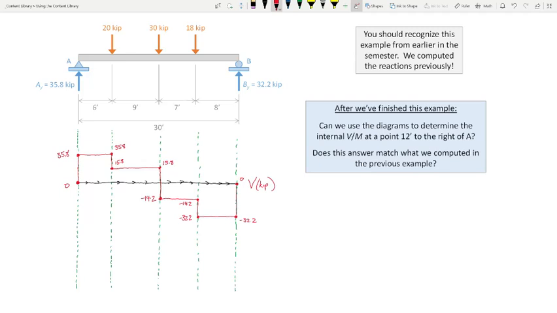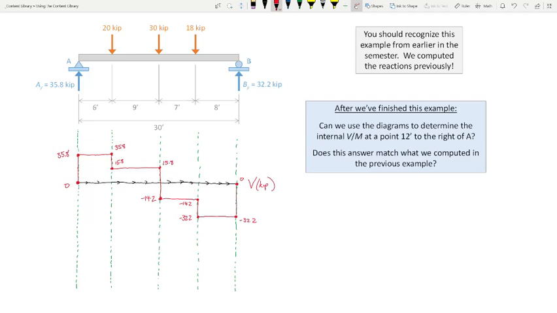So I just told you that 35.8 and 32.2 are the reactions. Now granted, we did this problem a little earlier in the semester, but let's say I just told you, trust me, these are right. Well, how can you confirm that I'm right without applying equations of equilibrium?